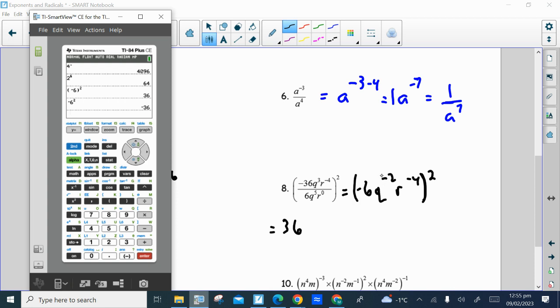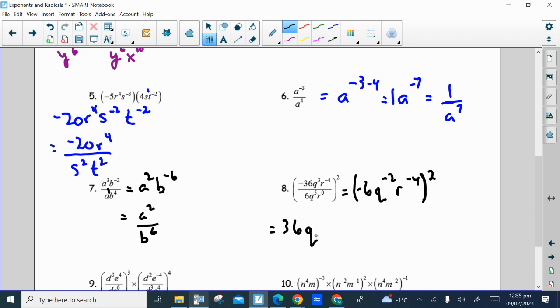And then all the exponents inside the bracket are multiplied by the power 2 outside. So negative 2 times 2 gives us q to the negative 4. Negative 4 times 2 gives us r to the negative 8. Now what, Cheney? Are we done?